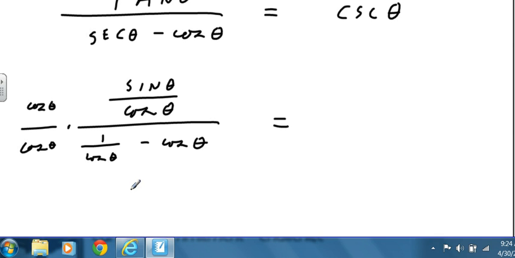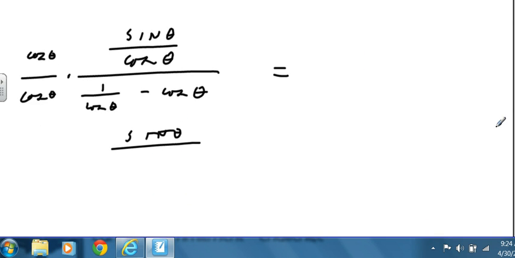So I've got sine divided by nothing. Yeah, because I get a 1 there. Okay, so that goes away. And then I get a 1 minus cosine squared theta. Okay, so what the heck is that? Well, we remember that sine squared plus cosine squared is 1.